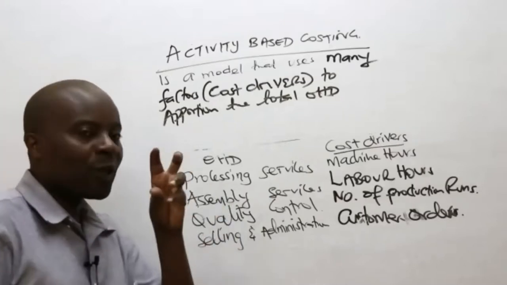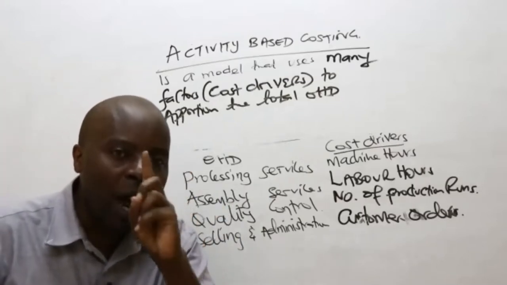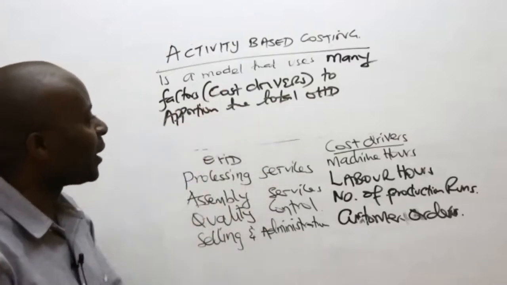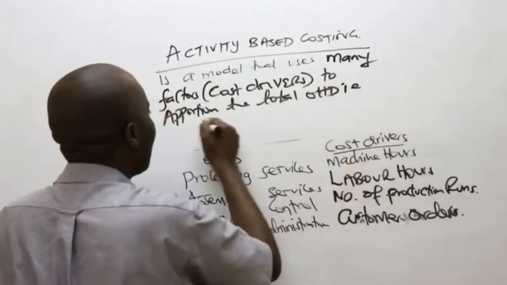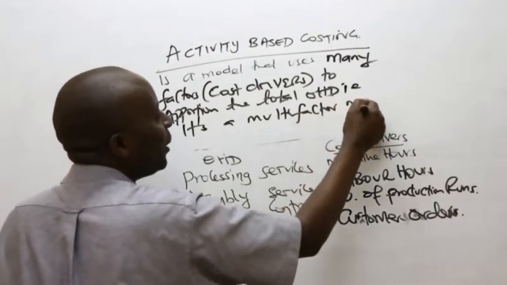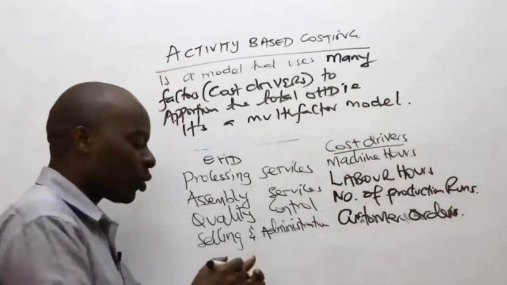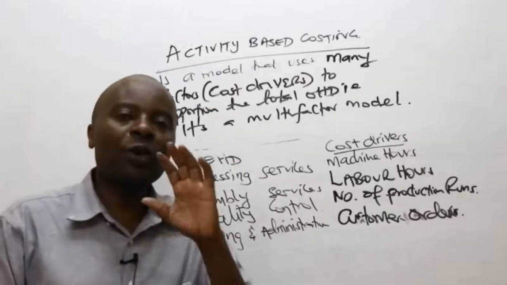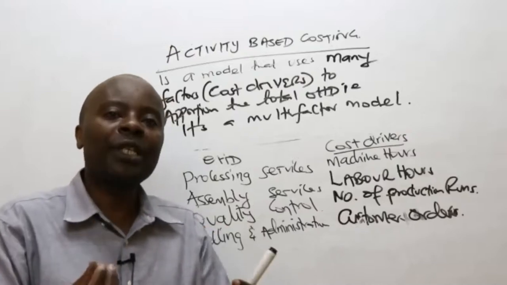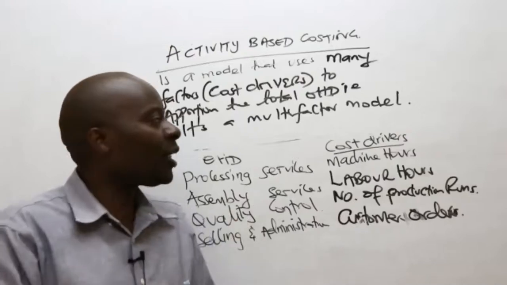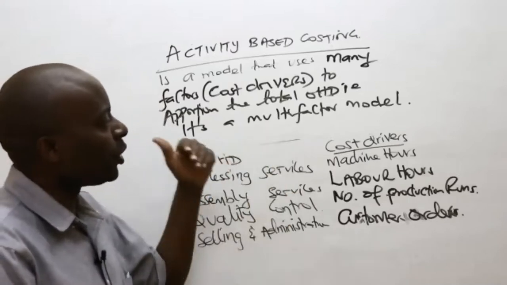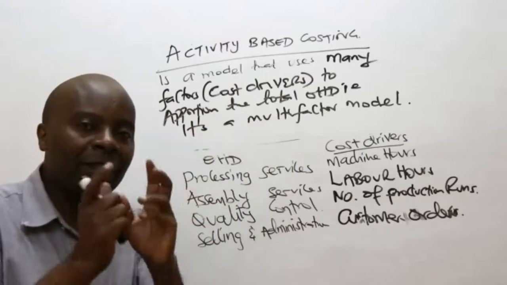So unlike the traditional method that makes use of only one factor, ABC uses many factors, i.e. it is a multi-factor model. And because of this multiplicity, we are going to see later on that ABC gives us accurate predictions, better predicted costs as opposed to the traditional method that lumps up everything together.